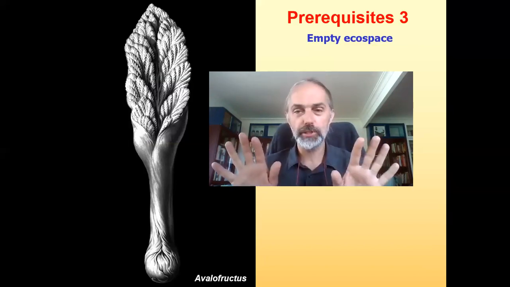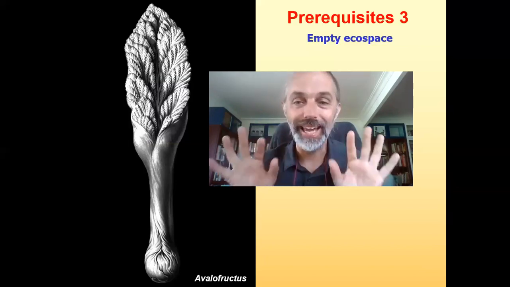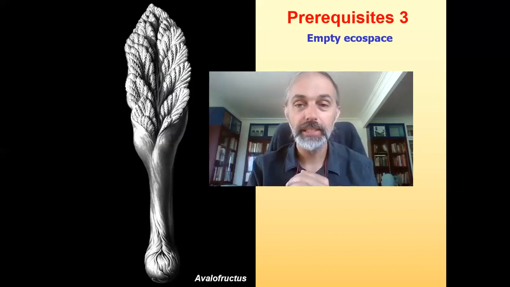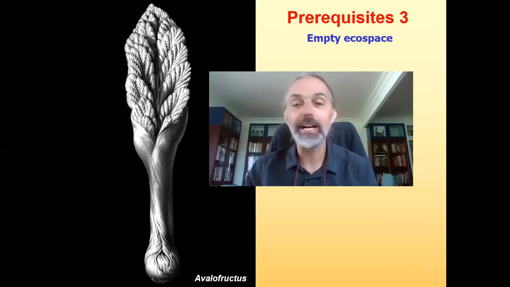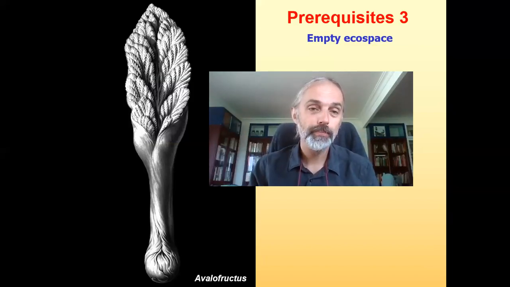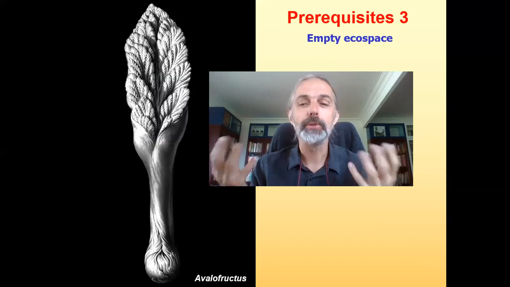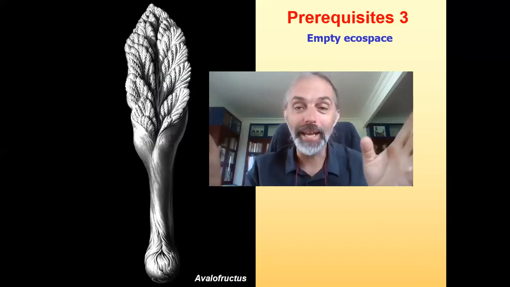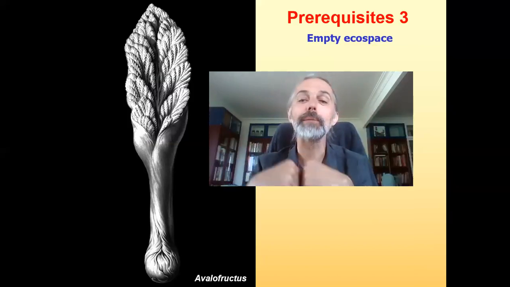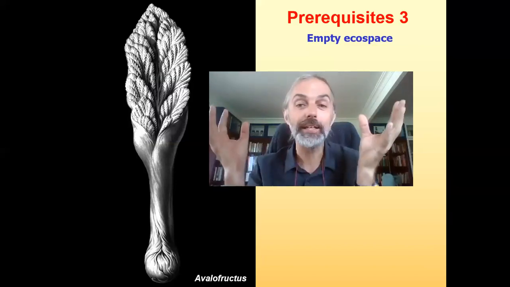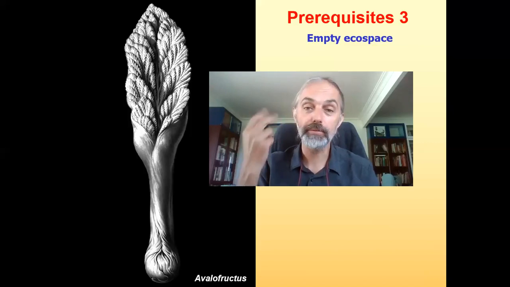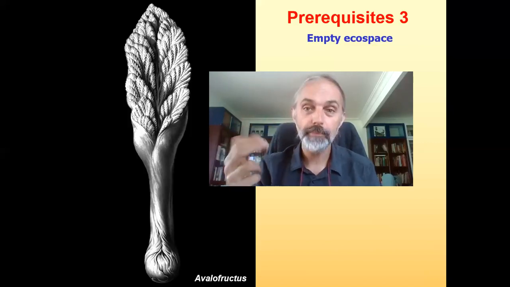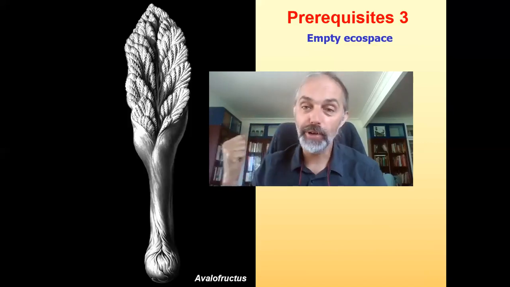All of these creatures were extinct by the end of the Ediacaran period. The oceans were virtually devoid of anything that's relatively large and complex. So modern animals could explode and radiate into an empty ocean. They could experiment around. There was nothing bigger that could hold them down. So prerequisite number 3 is empty niches, empty ecospace to radiate into.